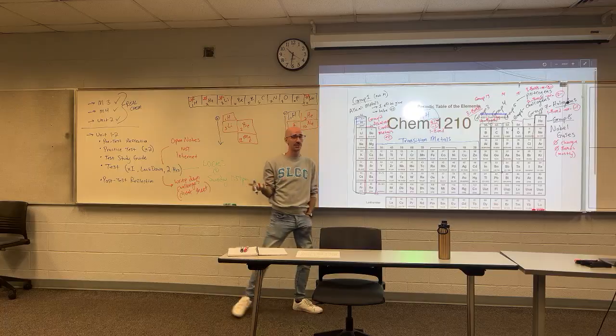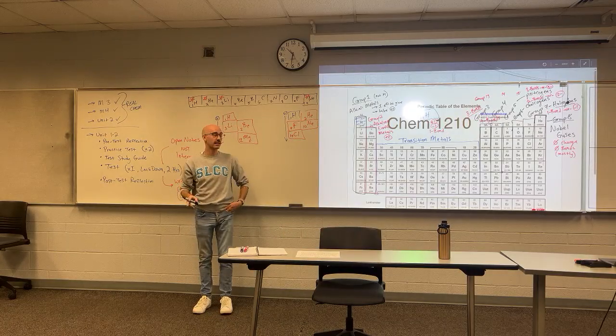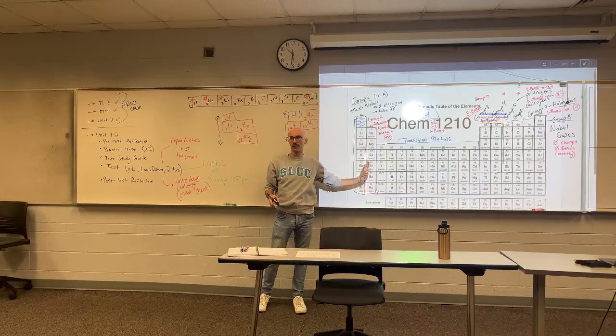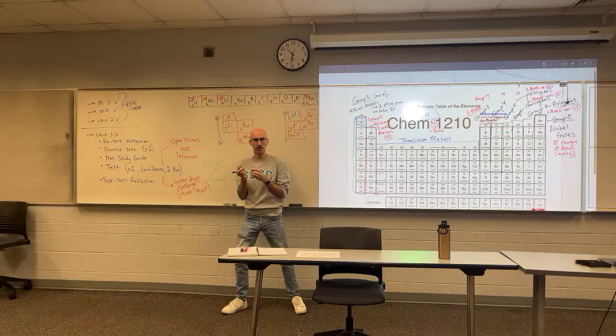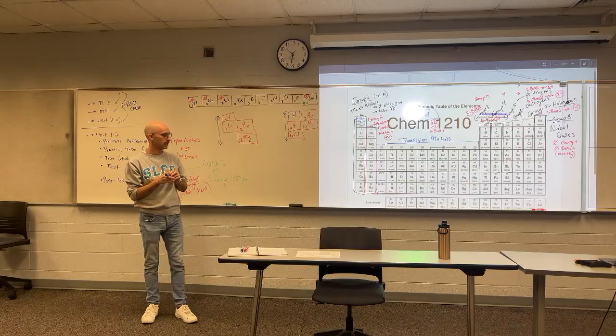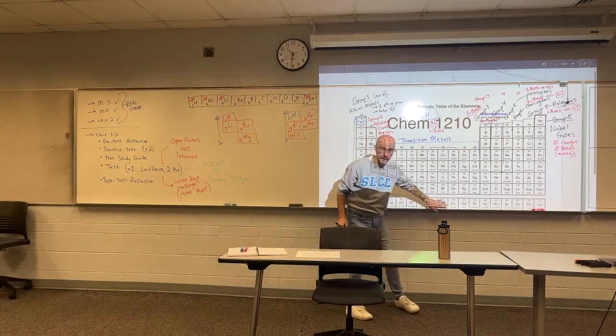I'm actually not sure what transition means. But they are distinct from alkali metals and alkaline earth metals. These are transition metals. Many of them are rare earth metals. They're not found common in our crust. And then you've got these bottom two rows, which kind of got cut off.